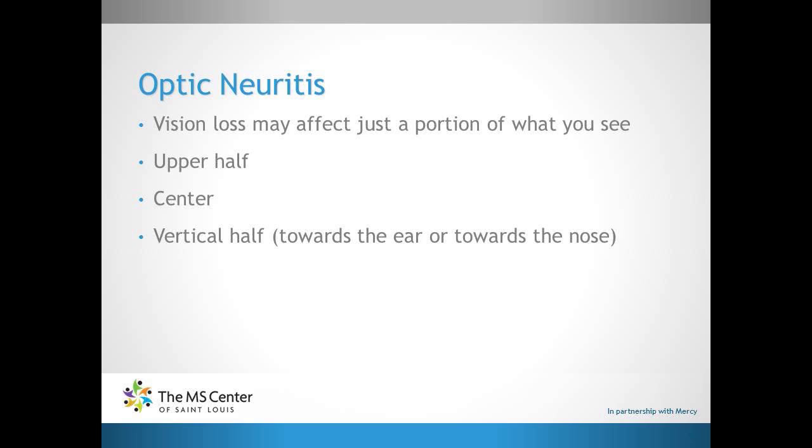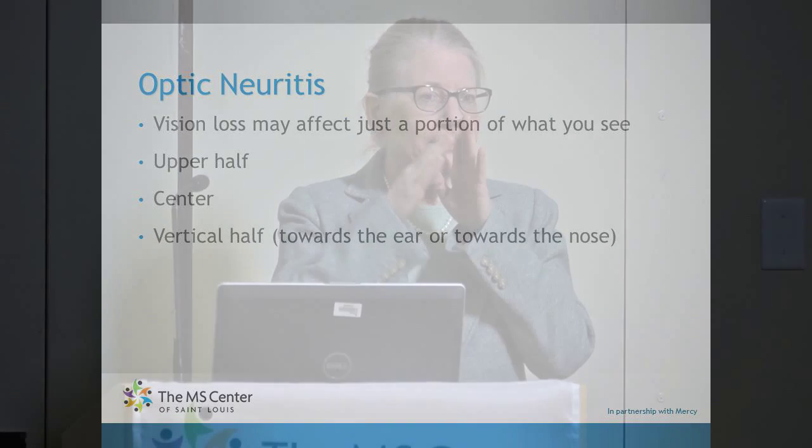And sometimes the vision loss may be one half, so that you can see from your nose over to your ear, or maybe you can't see from your nose to the other side. So it may be just one half affecting what we call a vertical meridian, or one half affecting a horizontal. All of those are possible.